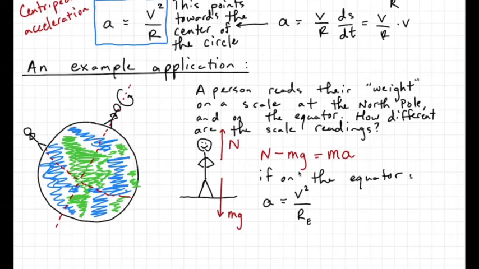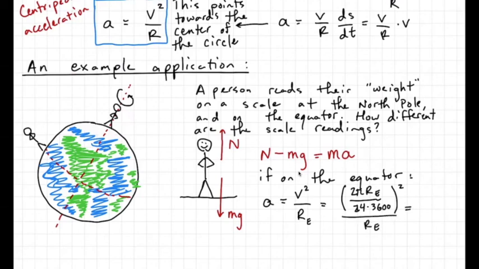But how fast am I moving? Well, my speed is going to be how far I go over how long it takes me to go. So I go the full circumference of the Earth, that is 2 pi times the Earth's radius, in one day. So 1 day is 24 hours times 3,600 seconds per hour, over Earth's radius again.